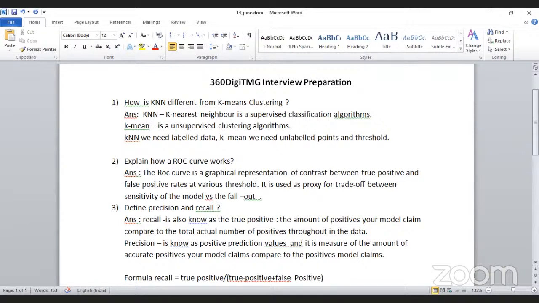Okay, so recall formula is true positive divided by true positive plus, sorry, it should be false negative.